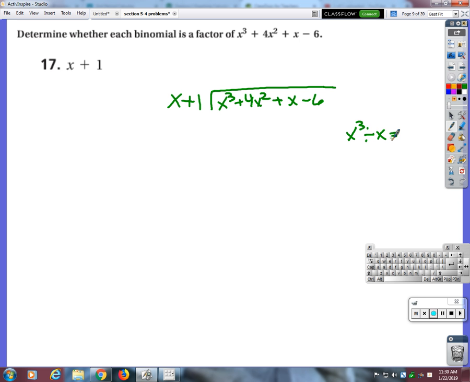X squared. So that tells me that x squared goes right here. Then since I know that's x squared, what do I do now? Right, I multiply, I have to distribute this to both of these. So x squared times x is x cubed, and then x squared times 1 is 1x squared.